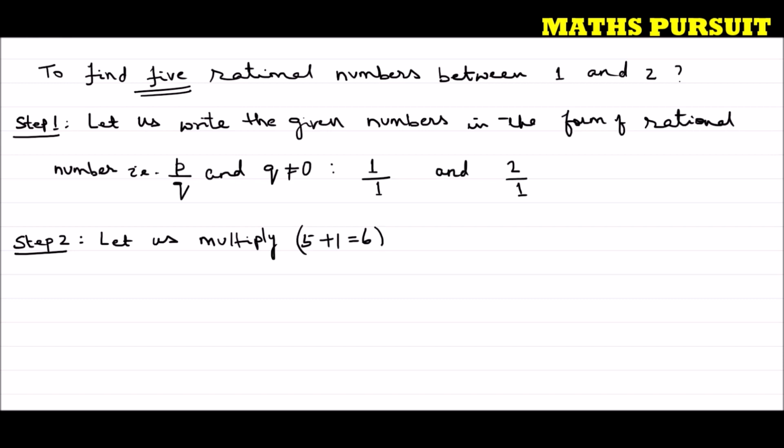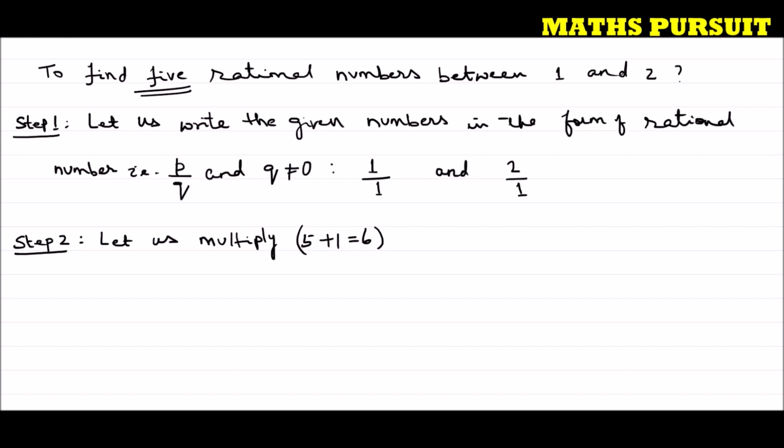As the question asked for 5 rational numbers, we add just 1 and multiply this 6 to the numerator as well as to the denominator. If the question had asked for 7 rational numbers, then we would have added 1 to get 8, and multiplied 8 in the numerator as well as the denominator. So this is what I am going to do now.